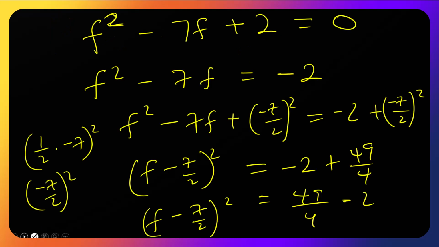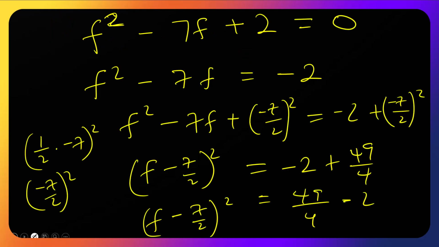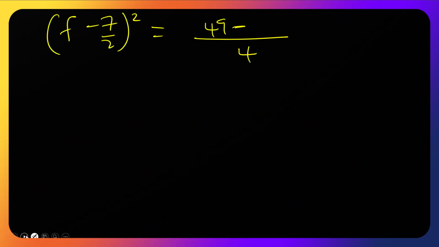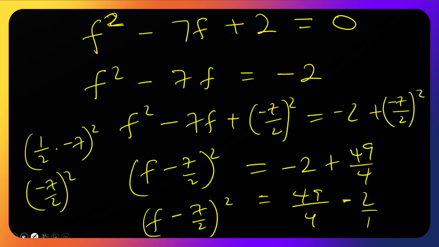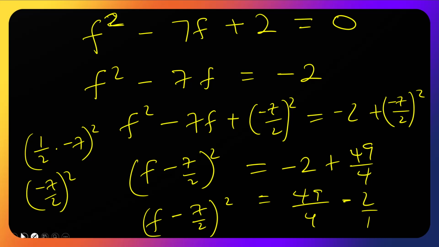So 4 into 4 is 1, 49. 4 into 4 is 1, 2 into 4 is 8.